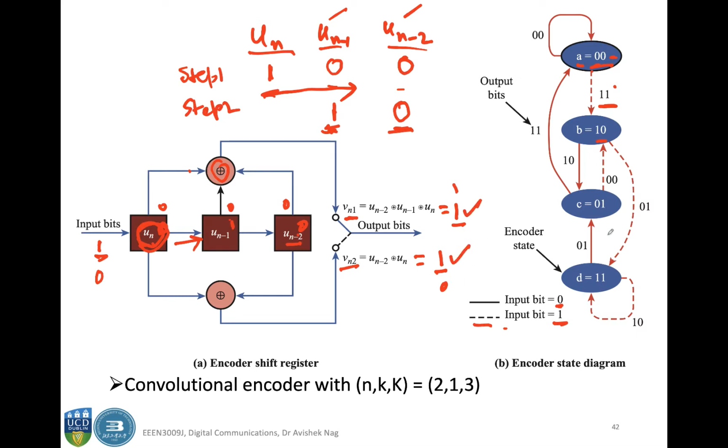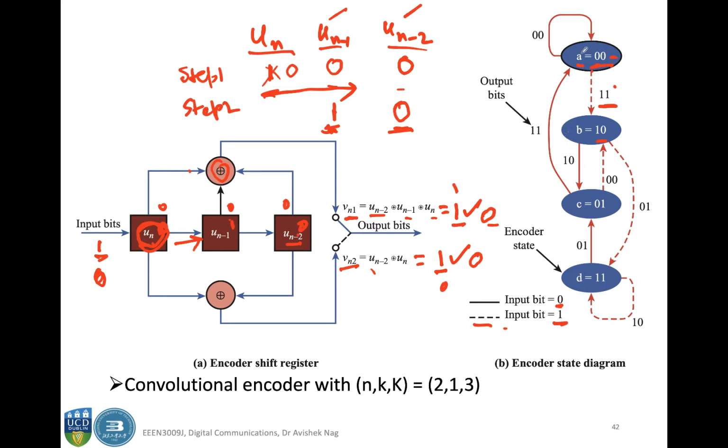Now if your input was 0 at this state, let's cut this out and put a 0 here. So if your input was 0, then both outputs will be 0, because you are doing the modulo 2 addition of all these three for vn1. So vn1 will be 0 and vn2 will also be 0.